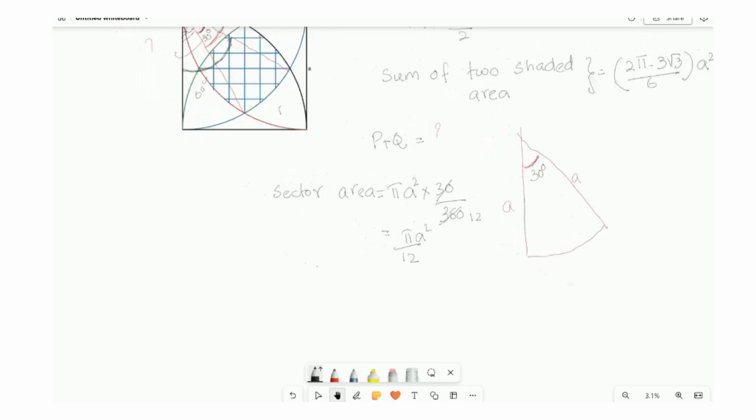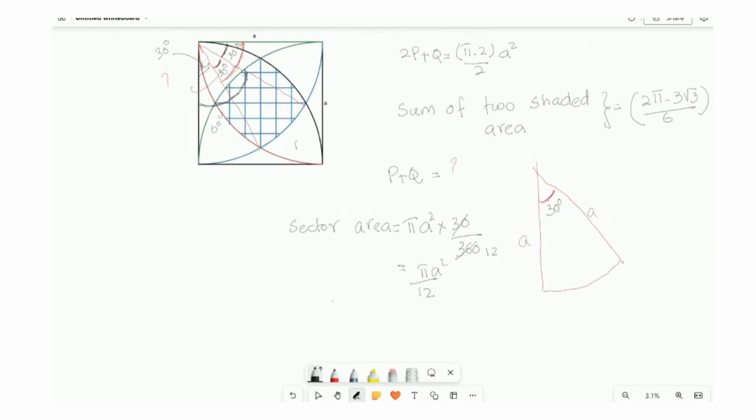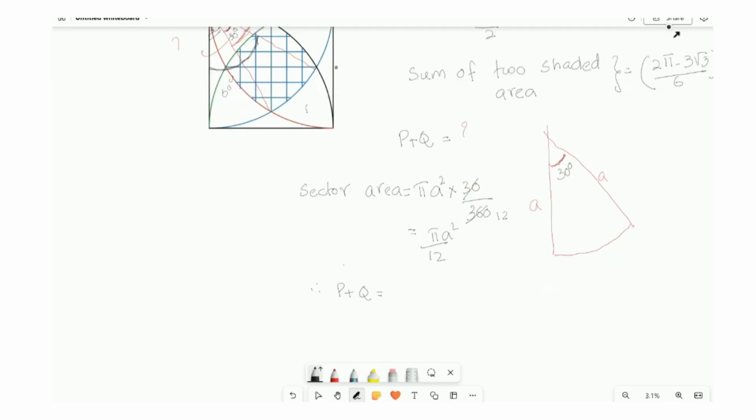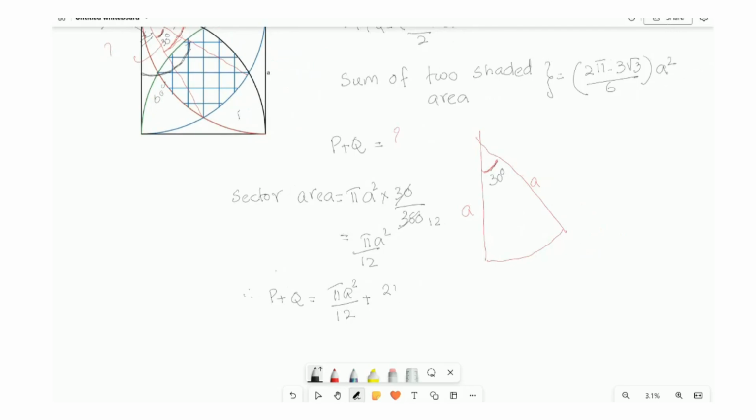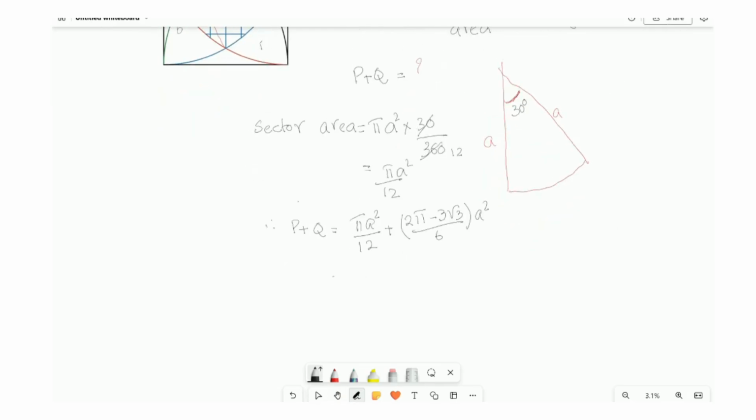So now the total area P plus Q is π a² divided by 12 plus what I found before, (2π − 3√3)/6 a².